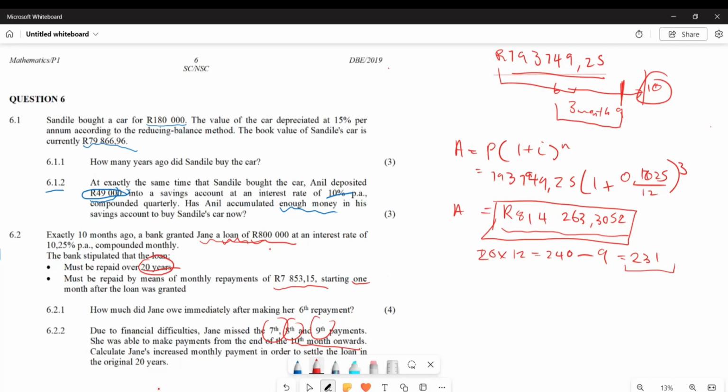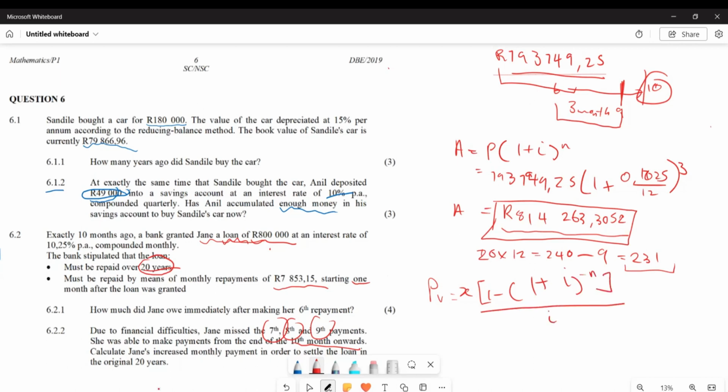If this is the accumulated amount, we want to calculate the monthly installment. Again, we are going to use the present value formula. PV equals X into 1 minus (1 plus i) to the power of negative n, over i.